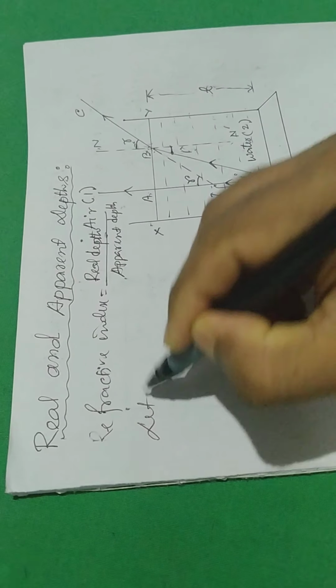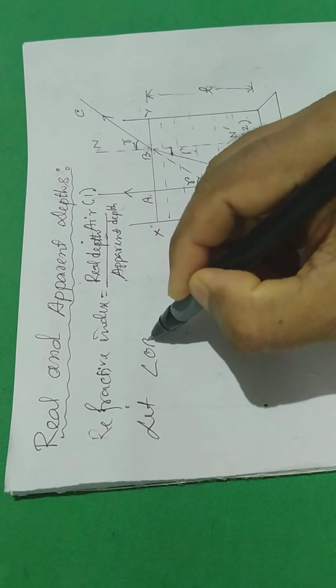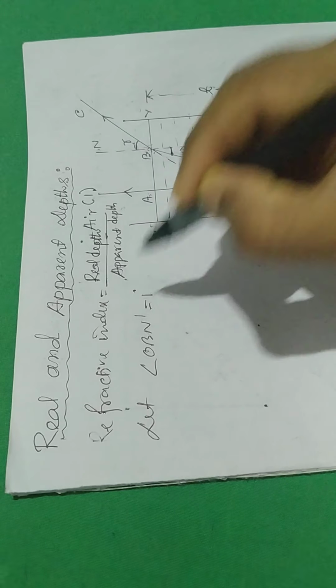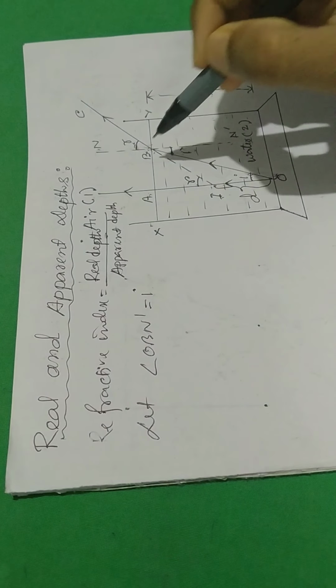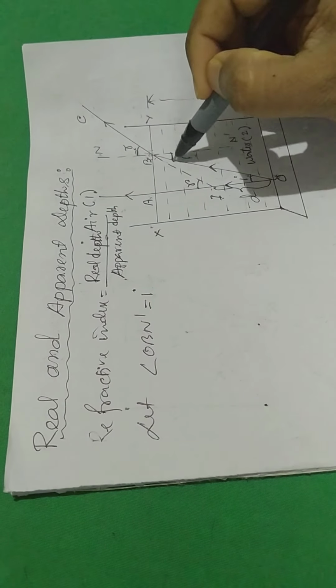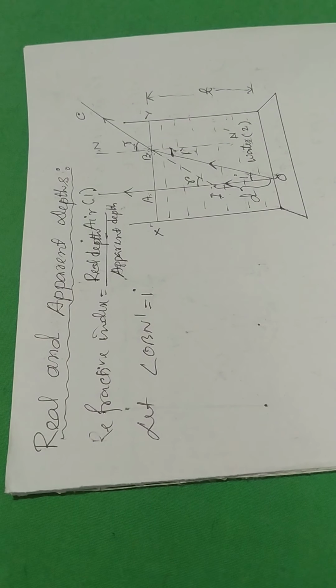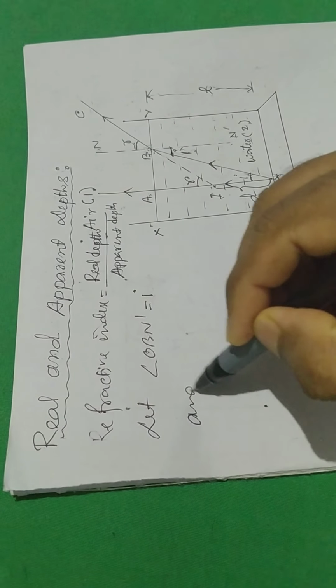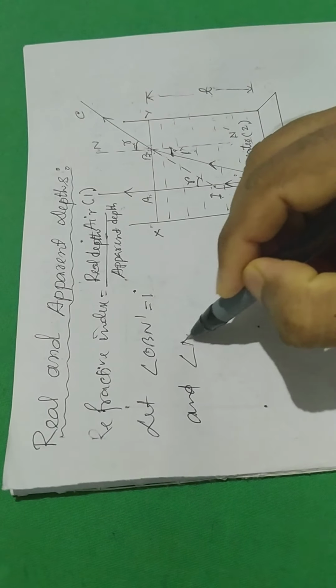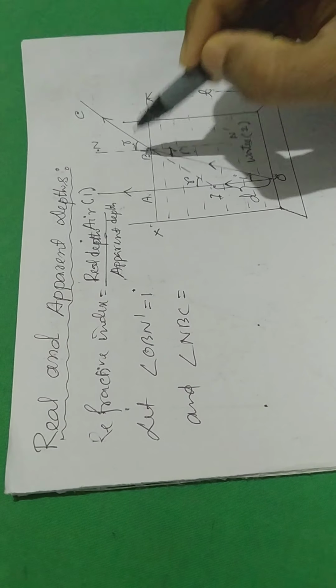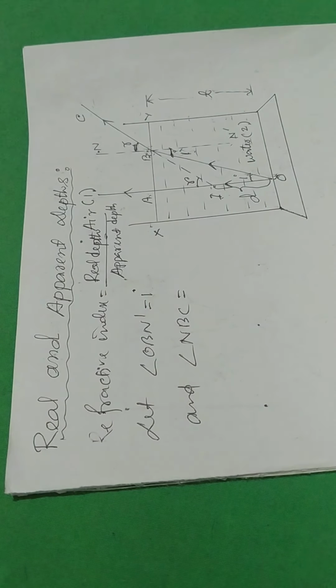Let angle OBN dash equal i, the angle of incidence, and NBC the angle of refraction r.